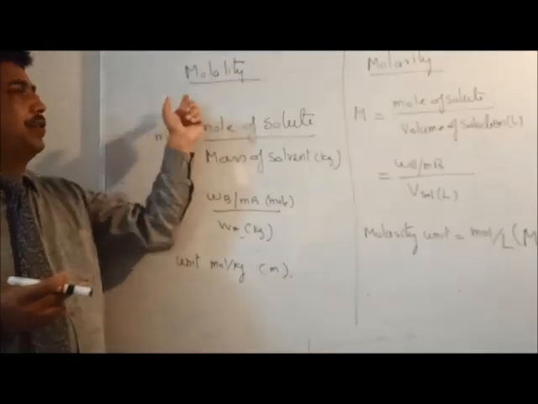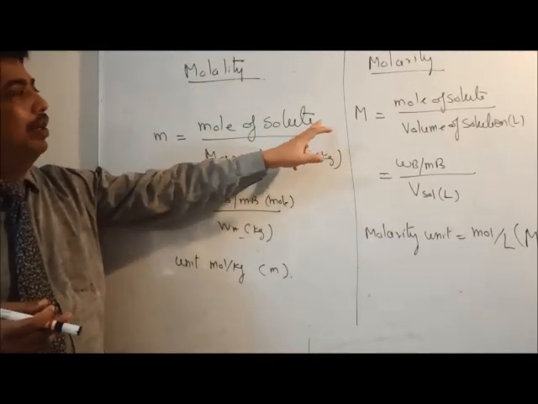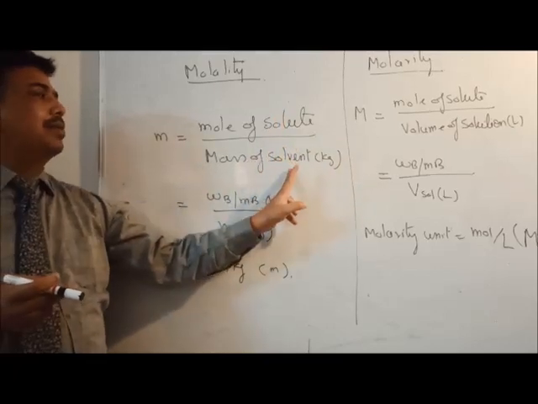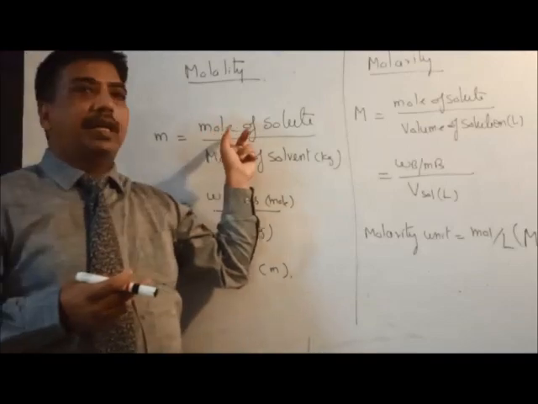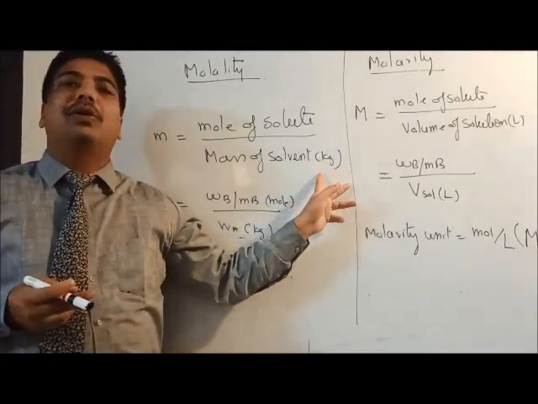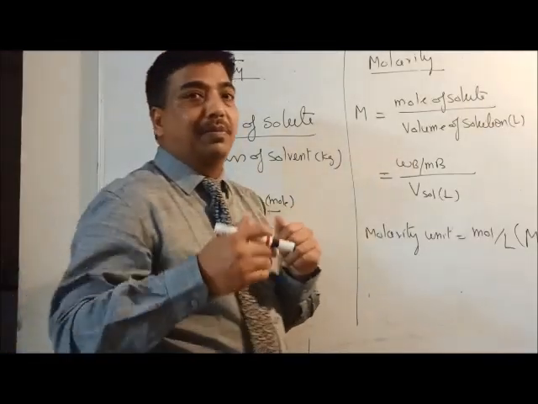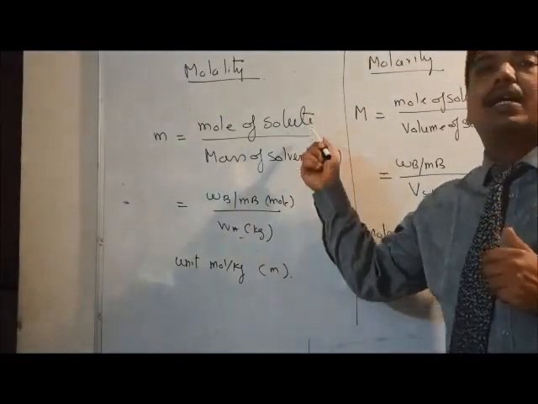Small m stands for molality, and in this we are depending only on the mass of solute as well as the mass of solvent here. The mass of solute is converted into mole and the mass of solvent is taken in kilogram. Why am I insisting again and again that molality uses mass at both places?